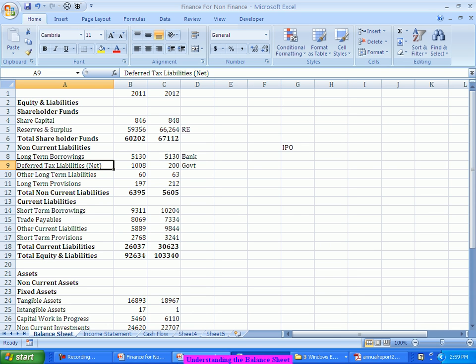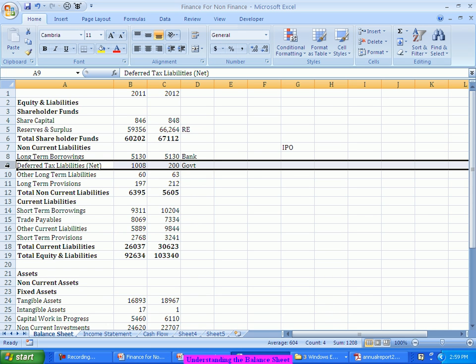So you will see this item either under the liabilities section or under the asset section. For some companies, it will be under liabilities, called deferred tax liabilities. For others, it could be under the asset section, called deferred tax asset, depending on whether in the actuals they paid more as per IRS, whereas IFRS is showing lesser, or vice versa.